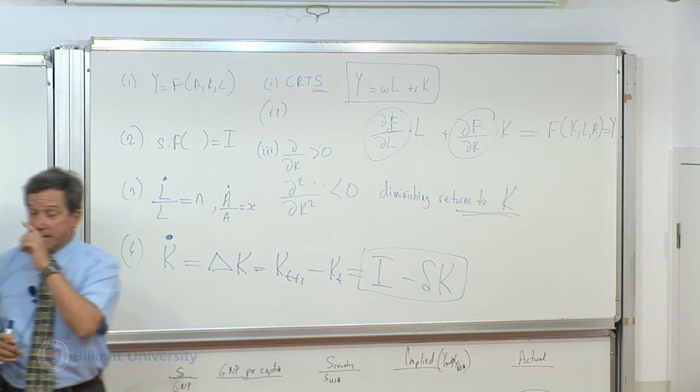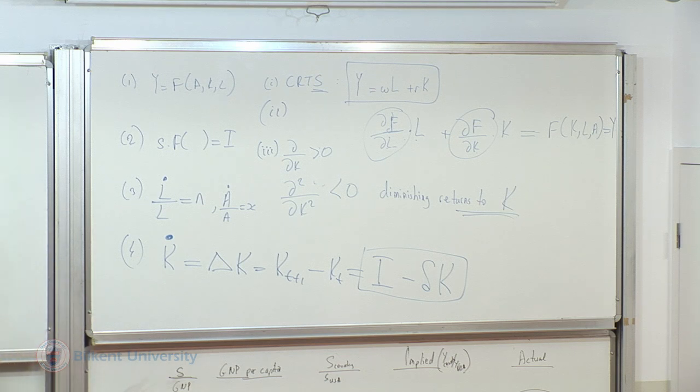Here is the problem that Solow, then Phelps, then Cass, Koopmans, and all the neoclassicals had asked. Here is an economy with three things.